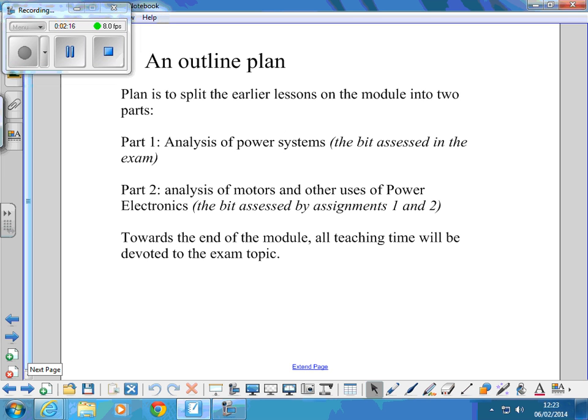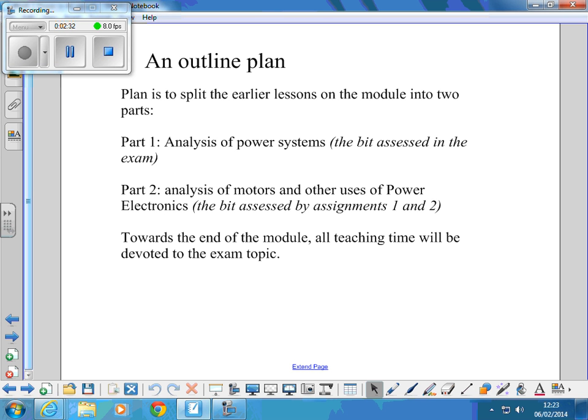Outline plan, and it is an outline plan, and I'll tell you why it's outline. The other 2 years I've taught this over both semesters, in shorter sessions, and that's very different to teaching it in 3-hour blocks.